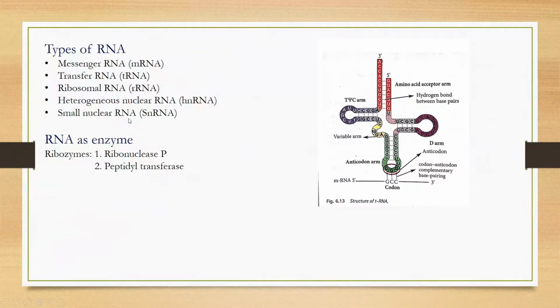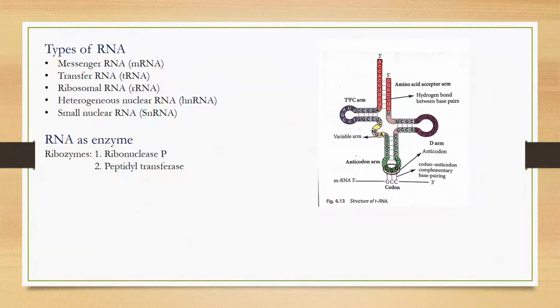Now come to RNA as enzyme. We know enzymes are proteins in nature, but recent experimental data suggests enzymatic function of certain RNA molecules. They are called ribozymes. Ribozymes are usually involved in the processing of newly synthesized RNA molecules to mature RNA.